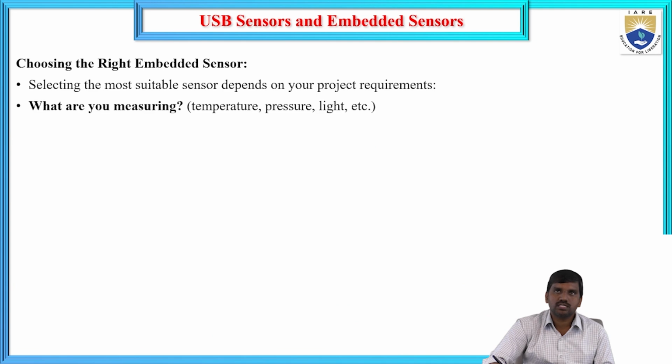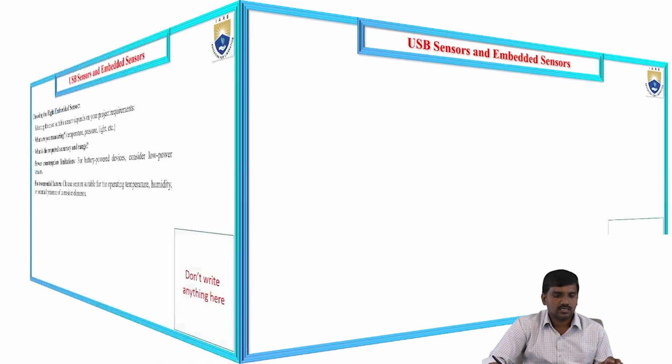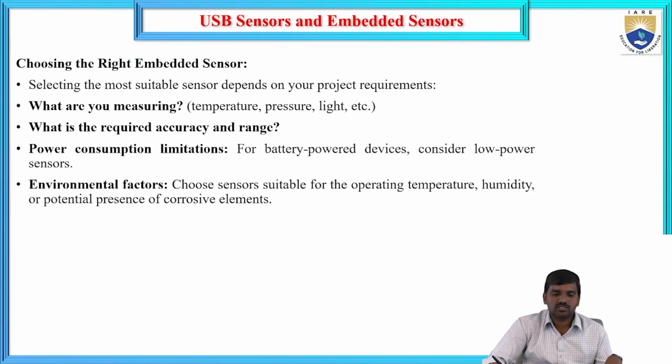Choosing the right embedded sensor for developing IoT applications. Selecting the most suitable sensor depends on your project requirements. What are you measuring: temperature, pressure, light, etc.? What is the required accuracy and range?